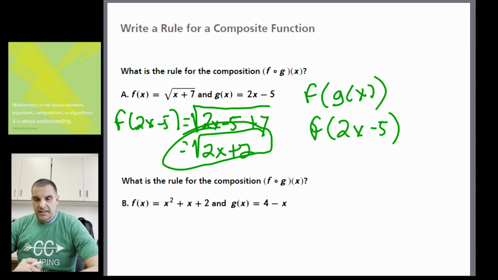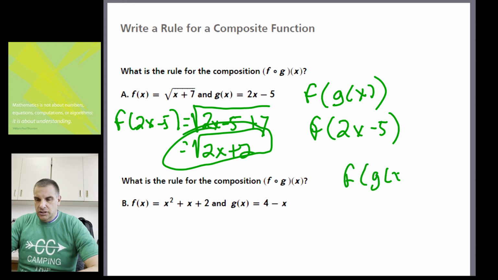So now again, we're going to find that f of g of x, and there are two functions. I like to write it out first: f of g of x. My g of x function is 4 minus x.